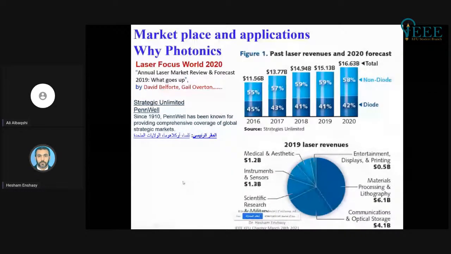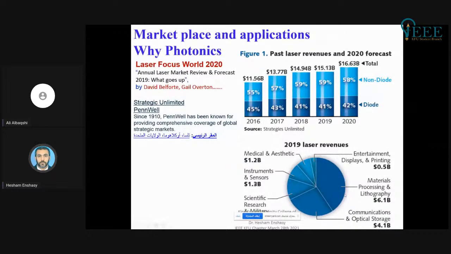So if you would like to pursue your education in this field, you can see where the major job opportunities are in this area. For example, material processing and lithography is a huge portion of the market. Then optical communication and optical storage is the second huge share, and then military and scientific research is the third. Then come instrumentation and sensors and the rest of the areas.